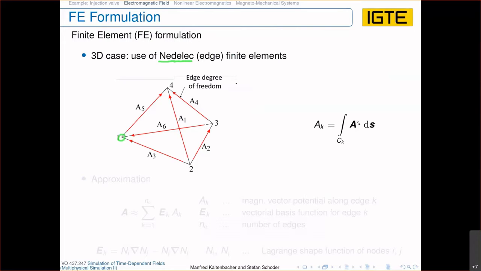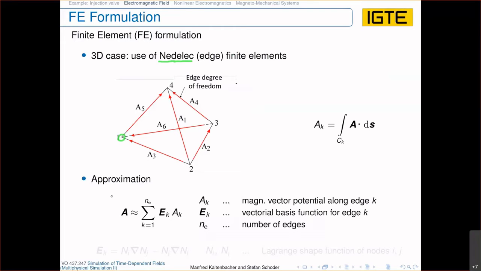But now the unknowns are along the edges, and the unknown vector potential is in the end a scalar unknown, because you project it in the direction of each of these edges, for example, of a tetrahedron, or if you have a hexahedron, or whatever element you use. And what makes it also different to the standard nodal finite elements is that, as you can see here, the basis functions are now vector functions. That is quite different to the standard elements, where the basis functions are scalar functions.